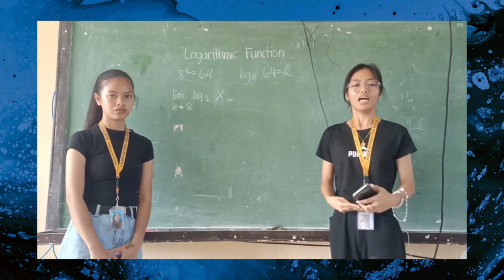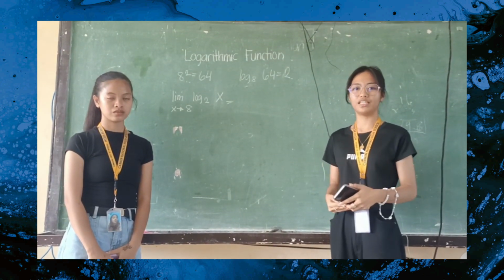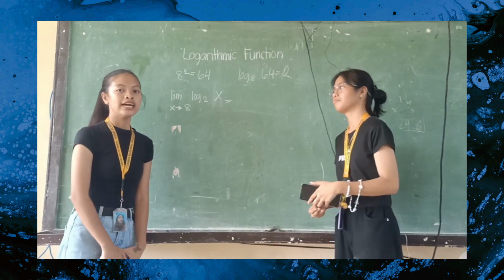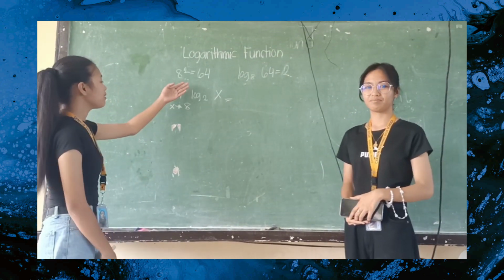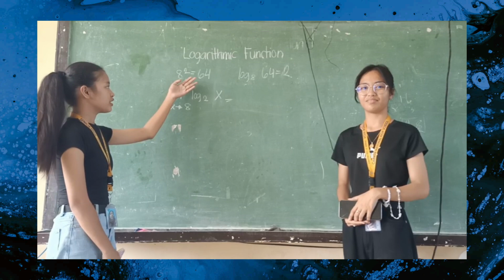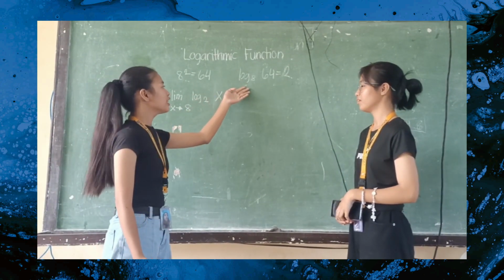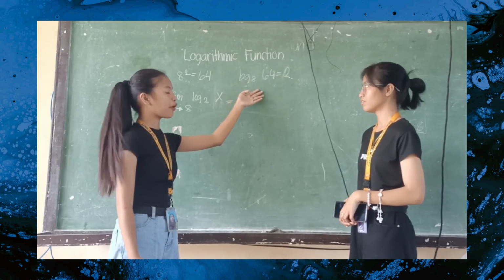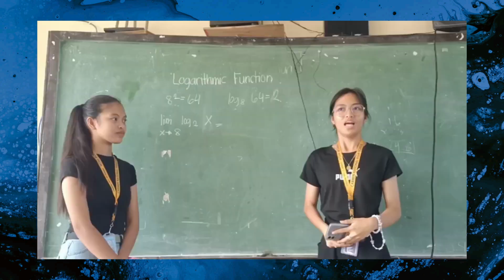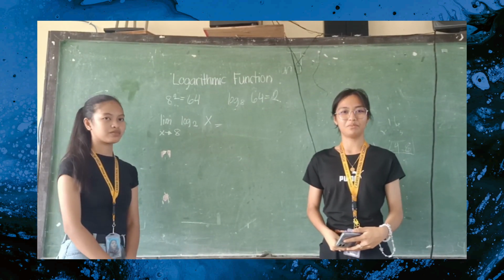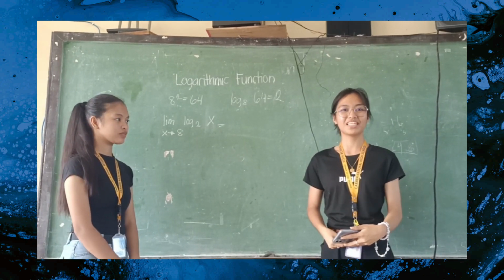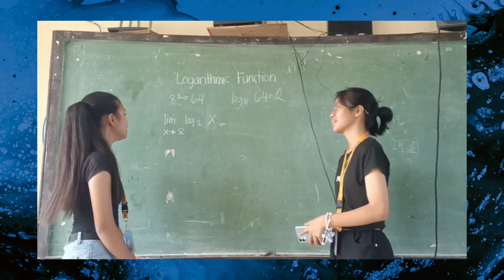But before we start, let us walk you through how to read a logarithmic function. In exponential functions, this can be read as 8 squared is equal to 64, while in logarithmic functions, this can be read as log base 8 of 64 is equal to 2. And now, here are some examples on how to solve limits with logarithmic functions.